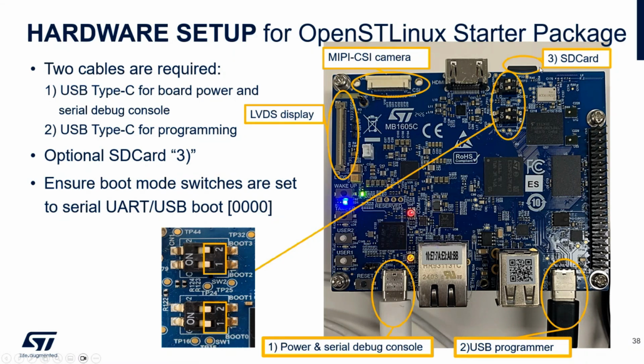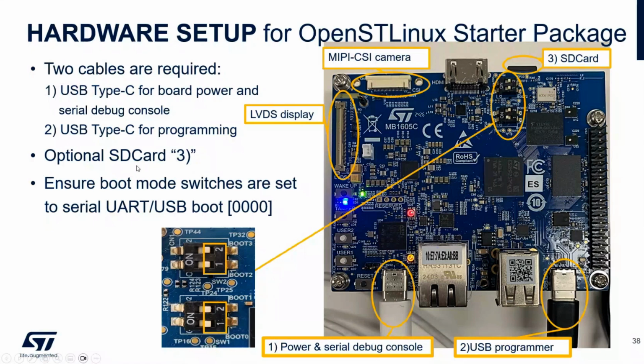The most important is the reset button here, and also the two connectors. One is for the power and the ST-Link. Here is an F3 MCU for the ST-Link. And here we have the USB3 dual role data port connected to the MP2.